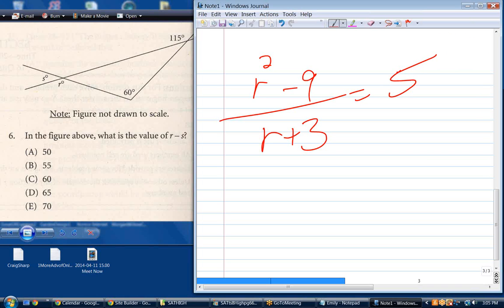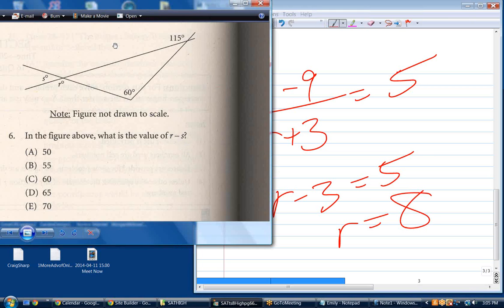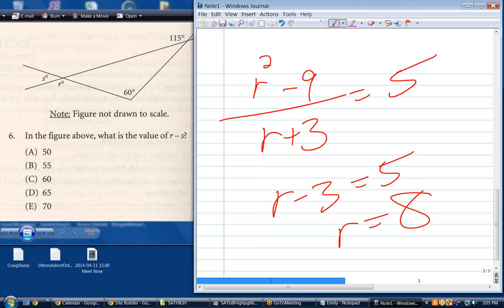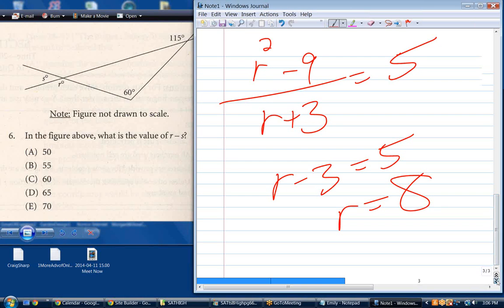That's not a good example. I was trying to think of one. I can't think of one right off the top of my head where we'd be able to solve for this difference, but not for either r or s. It would have to be a unique algebra problem. I'm sure we'll get to some.